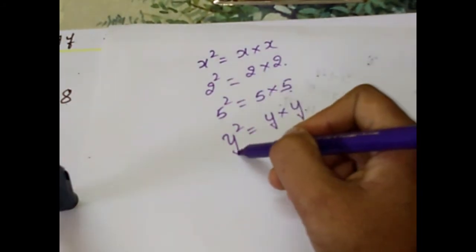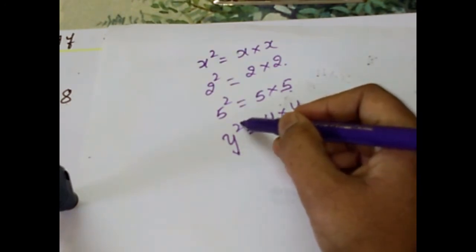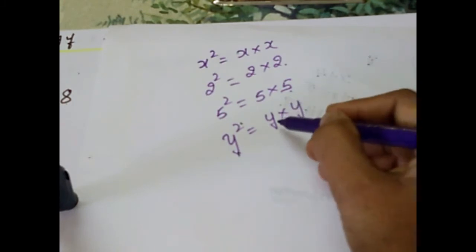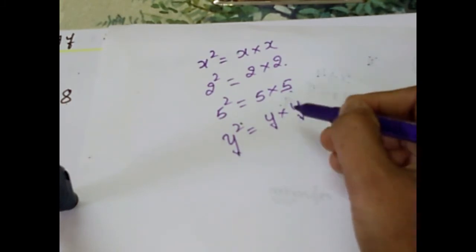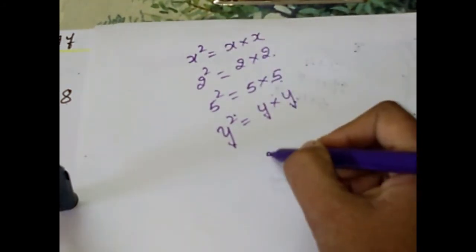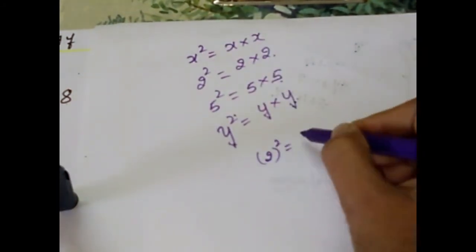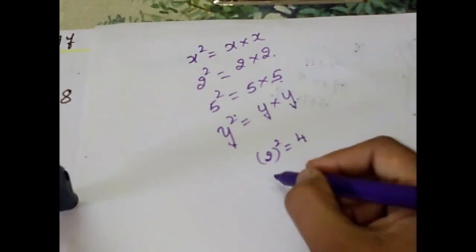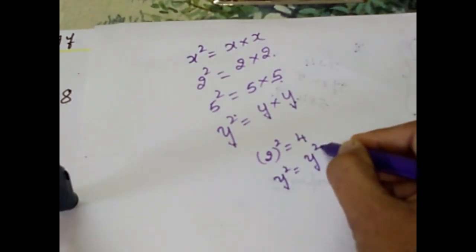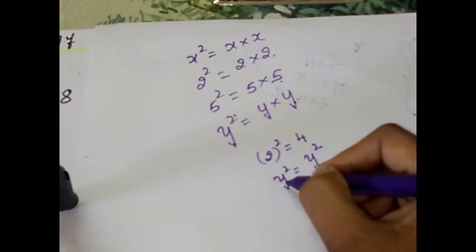If any value is raised to the power 2, it means that number or value should be multiplied 2 times. Now I can write 2 square directly as 4, and y square as y square itself, unless you know the value of y.